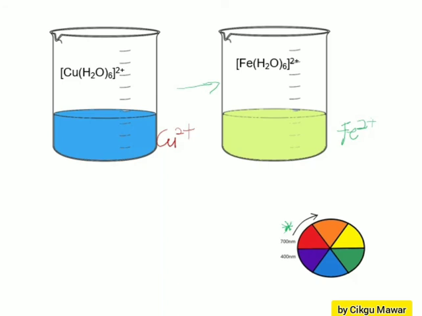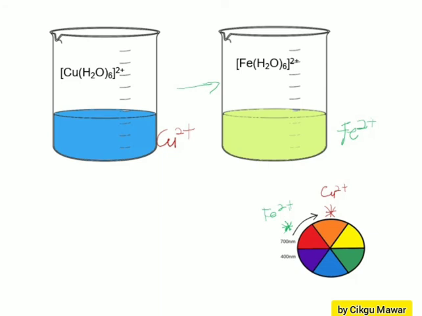Copper will absorb a shorter wavelength, which is orange light. So this is copper 2 plus and this is iron 2 plus. How about the color transmitted?